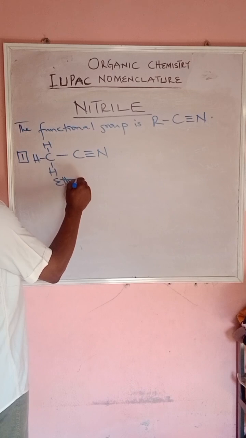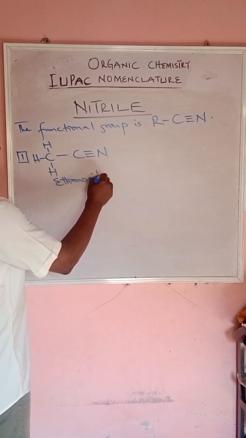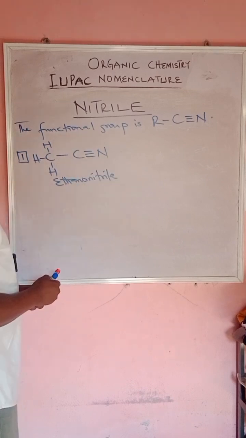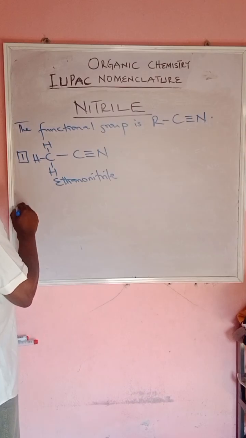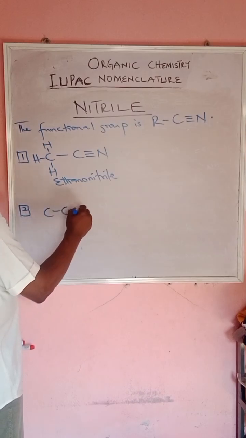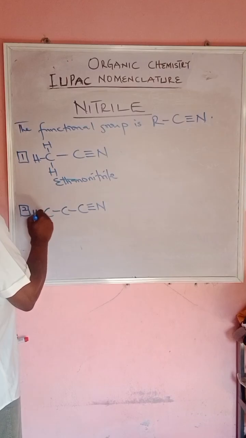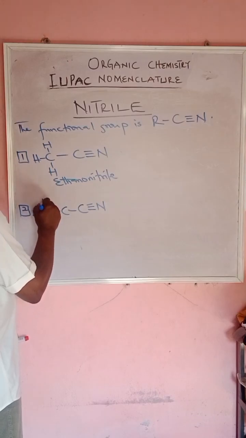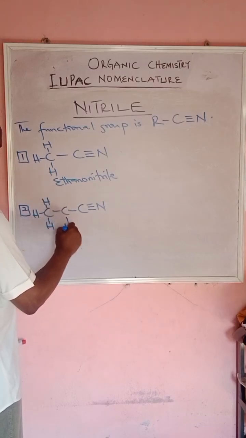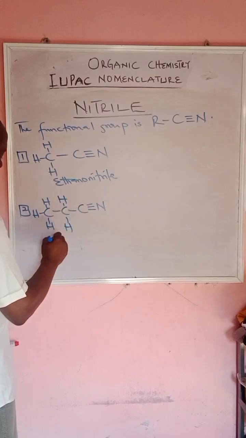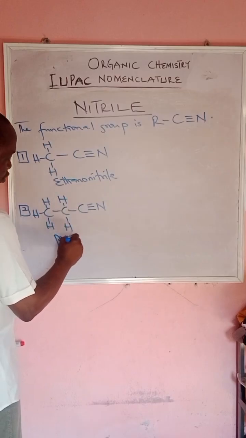2. Let's say you have 1, 2, 3, like this, with hydrogens here. This one will be propanenitrile. Propanenitrile. Let's see 3.